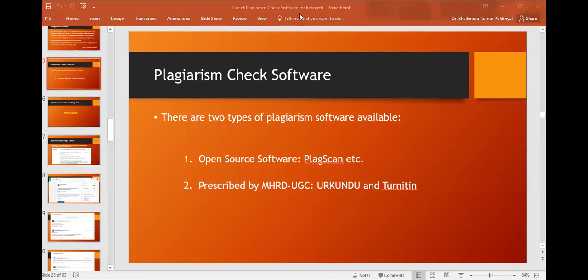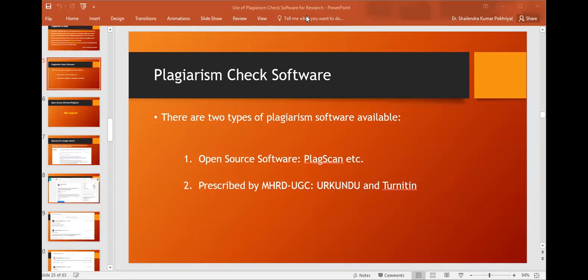Turnitin is better than Urkund, because Urkund has a limited database to access, but Turnitin can access all the databases. That's why Turnitin will give you a better result than Urkund. But UGC has recommended that you have to use Urkund, because this is our domestic or national software.